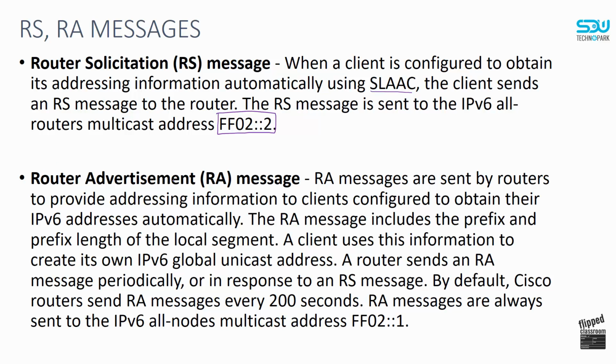And the router advertisement, RA message, comes from the router. So RA messages are sent by routers to provide addressing information to clients configured to obtain their IP address automatically. The RA message includes the prefix and the prefix length of the local segment.